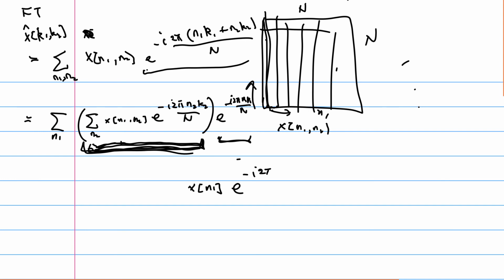It's basically exponential minus i 2 pi n k over n, so k is basically frequency here, and this gives me x k. This is a Fourier transform in 1D.